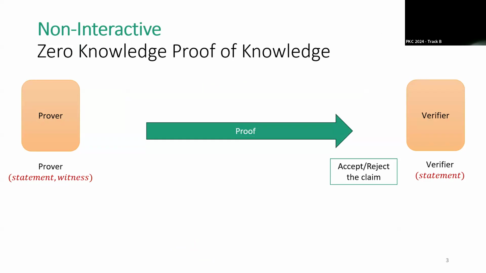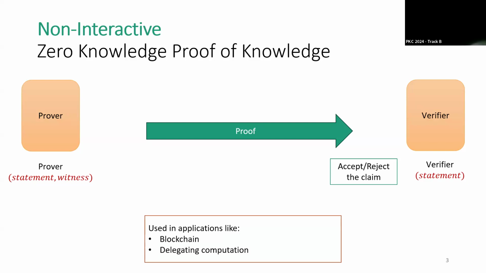Now, for settings like blockchain, as we discussed, we cannot exactly expect the prover to interact with everyone present for convincing everyone of the claim. For example, it can just post a correct update and everyone should be able to verify at their own leisure. So in such cases, we want the proofs to be given in one shot.